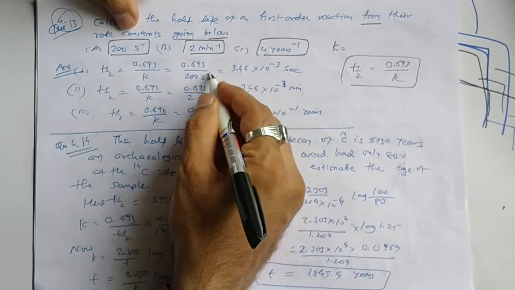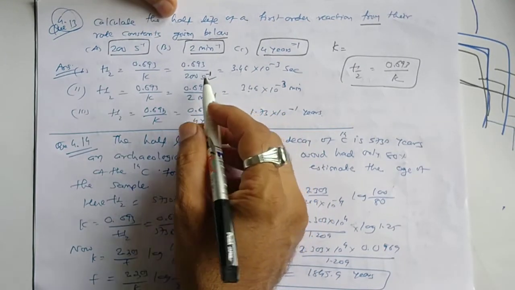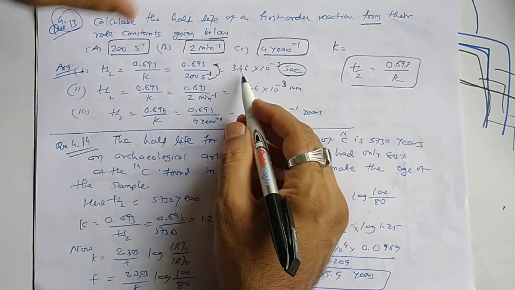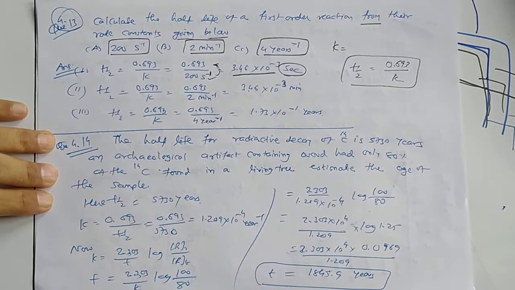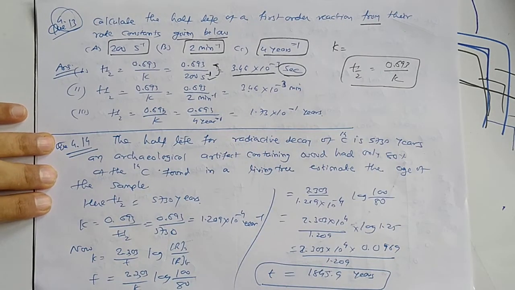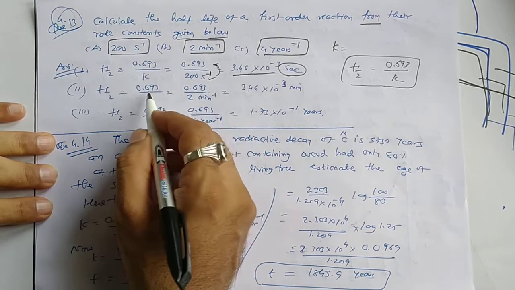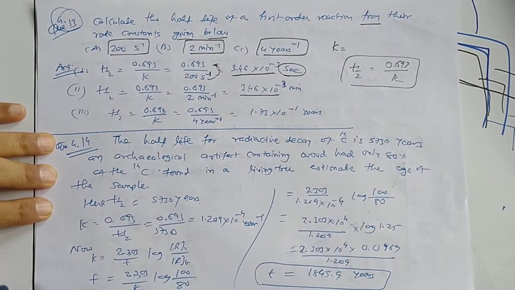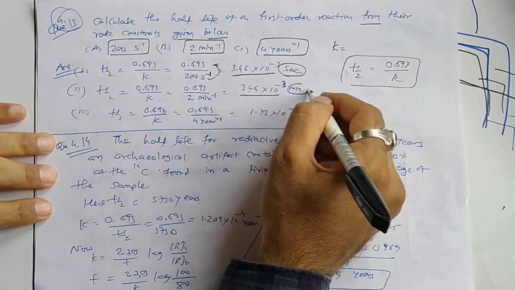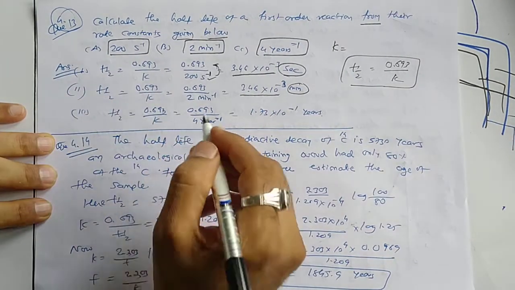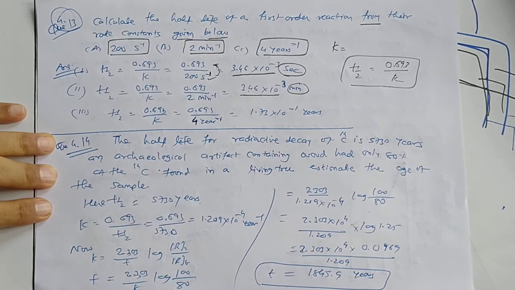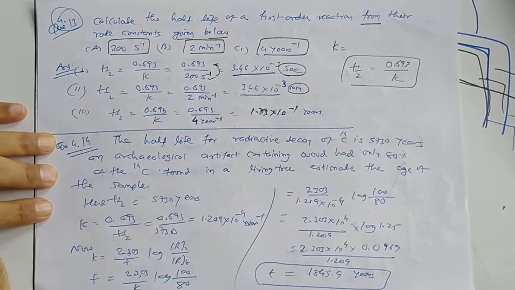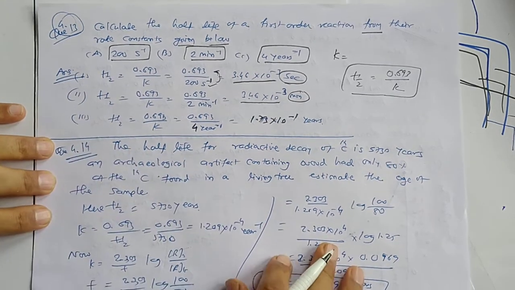If k is 200 second inverse, then the answer comes in seconds; it will be positive, 3.46 × 10^-3. In the second case, k is 2 minute inverse: 0.693 divided by 2, so 3.46 × 10^-1 minute. Then 0.693 by k, 0.693 by 4, gives 1.73 × 10^-1 year.